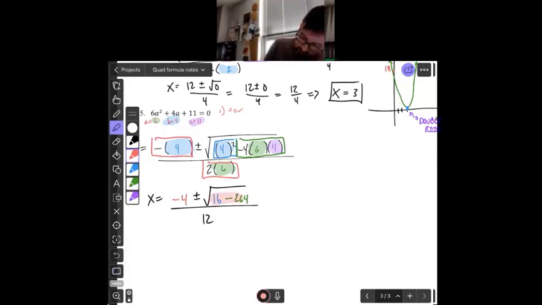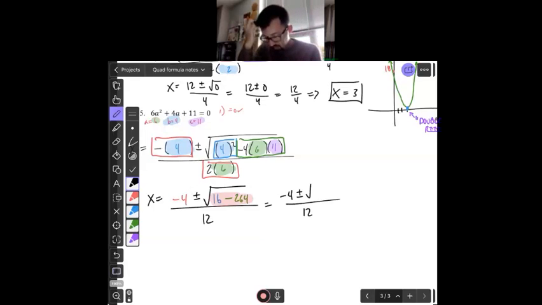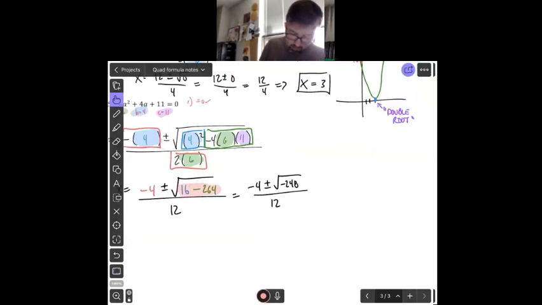And I'll look under my radical. So x equals negative 4 plus or minus the square root over 12. So 264 minus 16 would be 248. So definitely have something I need to reduce with the radical. And I also know I don't have an i with it. So I'm going to be looking at my radical here and seeing how I can reduce that.